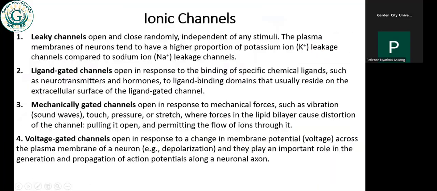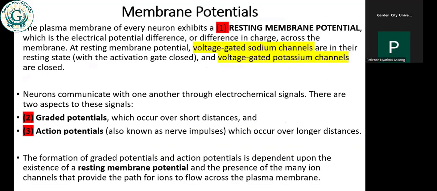All right, membrane potential. Now, when I was talking of the transport across the cell membrane, I made mention of sodium ions, potassium ions. I also made mention of the sodium potassium ATPase as a primary active transporter.